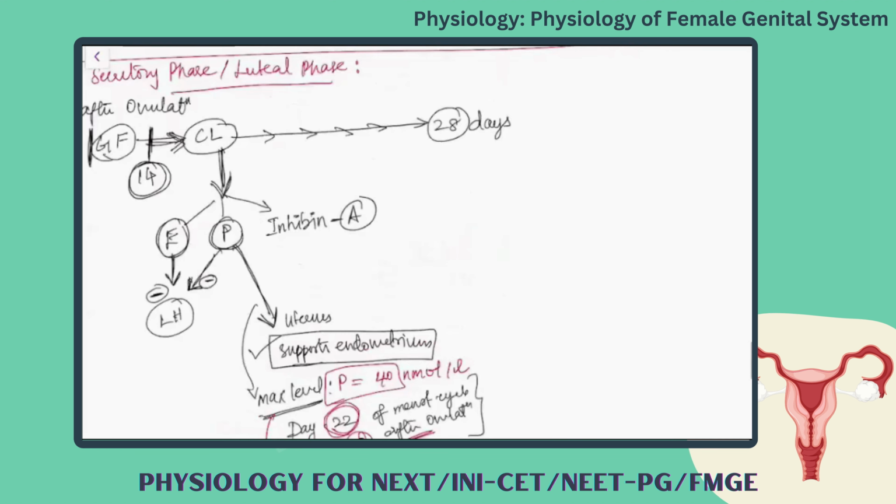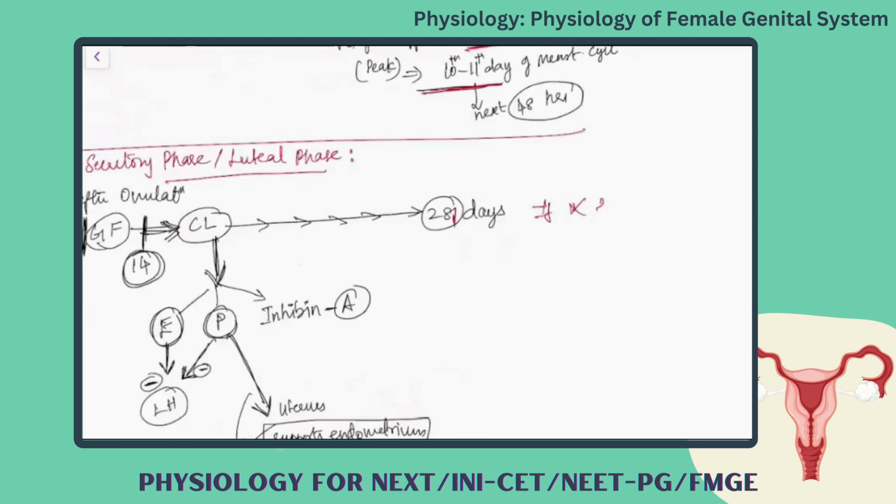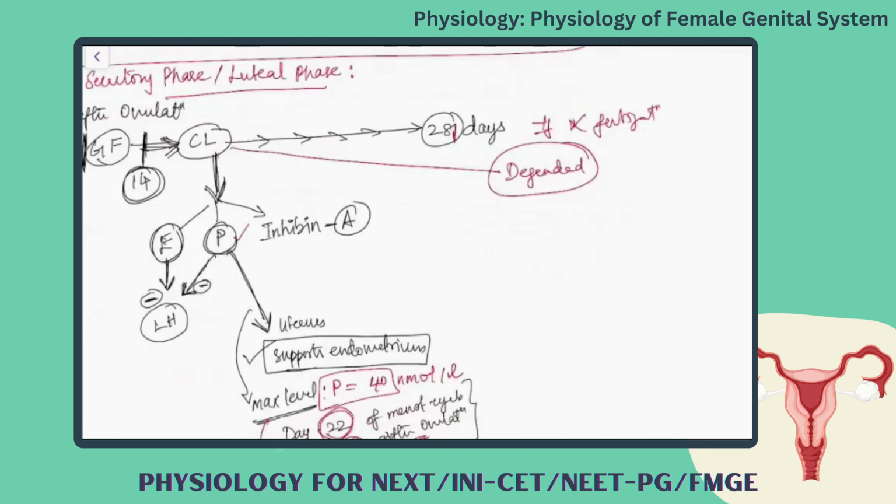And if there is no fertilization, what is going to happen is the corpus luteum degrades. So the contents released by the corpus luteum, estrogen and progesterone, it is not going to release now.